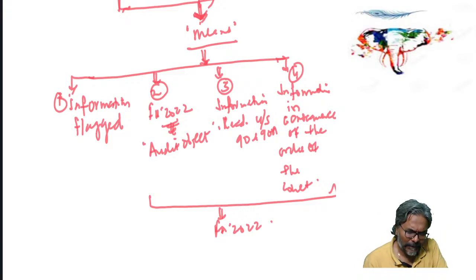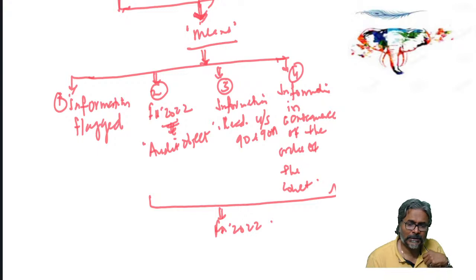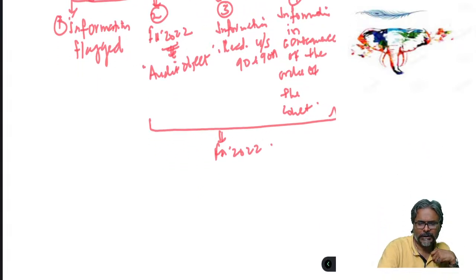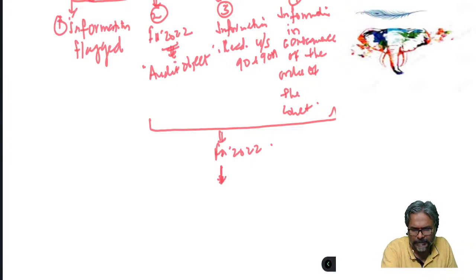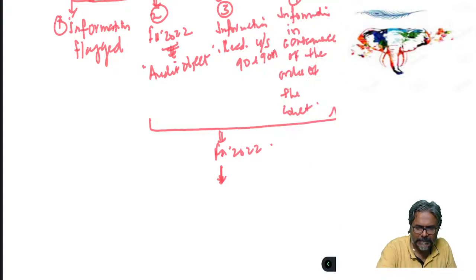The second, as I told you, the amendment part, is about the audit objection; then the information received under section 90; and the last one, students, is the information in consequence of the order of the court. So these are the various aspects, students, given over here. And then thereafter, students, on this basis, we will proceed further quickly.